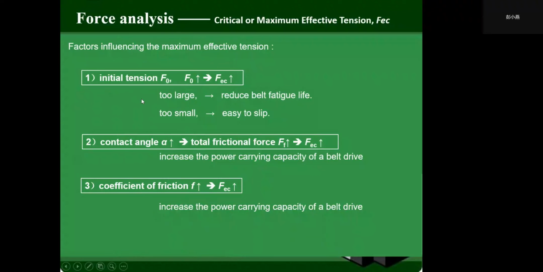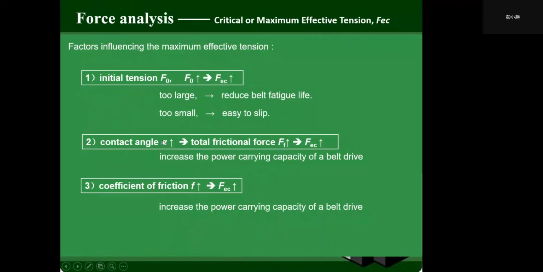If the initial tension F0 increases, then the maximum effective tension FEC will increase too. But if the initial tension is too large, it will reduce belt fatigue life. If F0 is too small, the belt is easy to slip. So we should choose a proper value of F0.